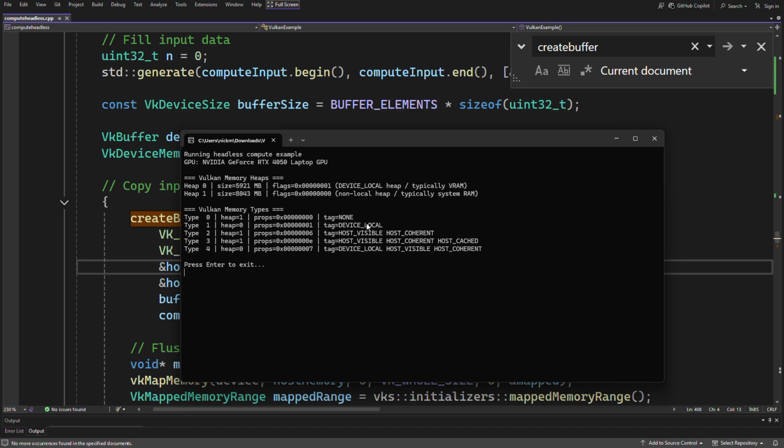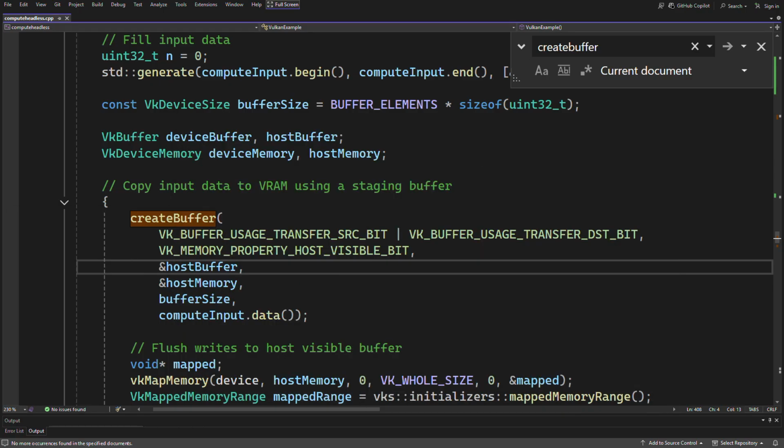And heap zero generally is going to have very fast GPU access, because you're using VRAM to accomplish what you need to do. So that is that.